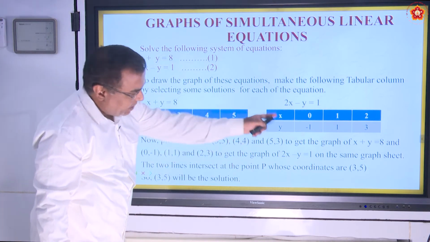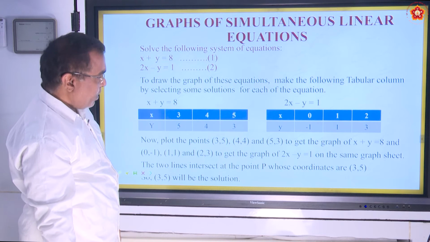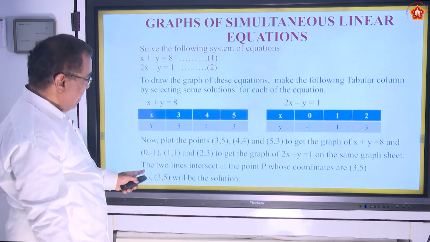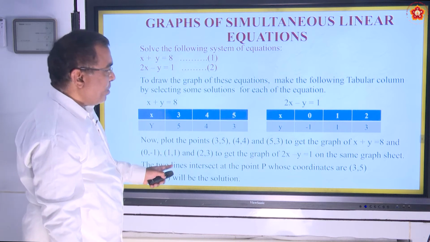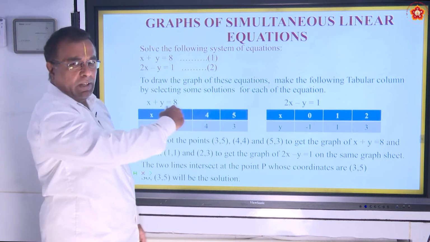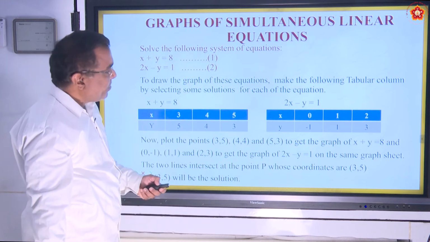So for this second tabular column, we have the ordered pairs (0, minus 1), (1, 1), (2, 3). That's what I represent here. Now we will draw these two graphs separately.